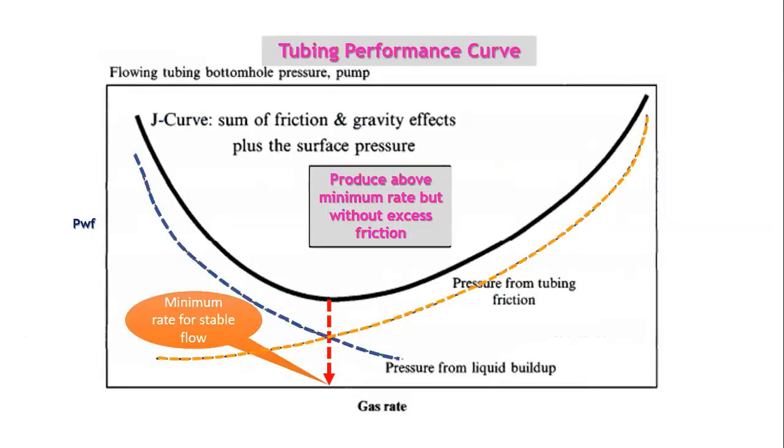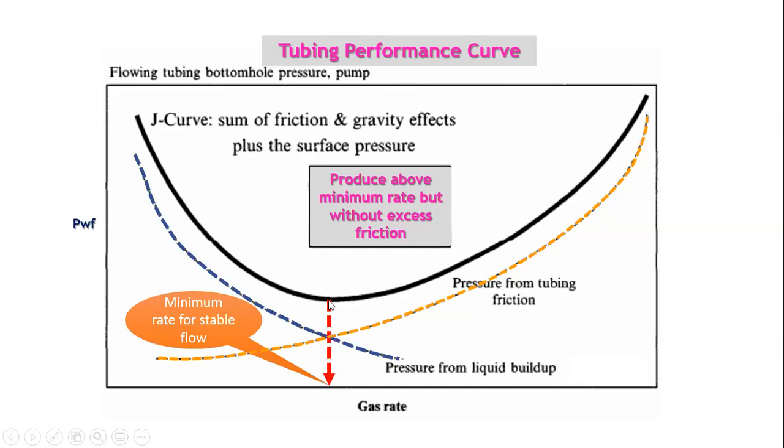Here is just a tubing performance curve, to discuss some ideas around this. Here we have the outflow of the tubing. In this case, here we have the minimum rate for a stable flow.